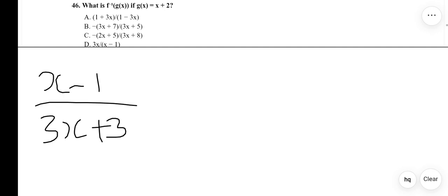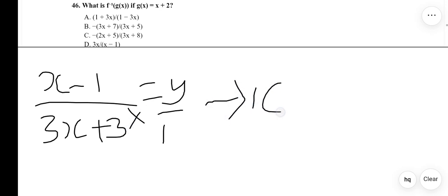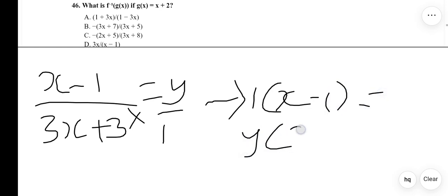So first of all, if you want to find the f inverse, you will set this to y and make x the subject of the formula. So y is the same as y all over 1, so we cross multiply. So you can say that this is our 1 times x minus 1, because we are cross multiplying, is equal to this y times 3x plus 3.